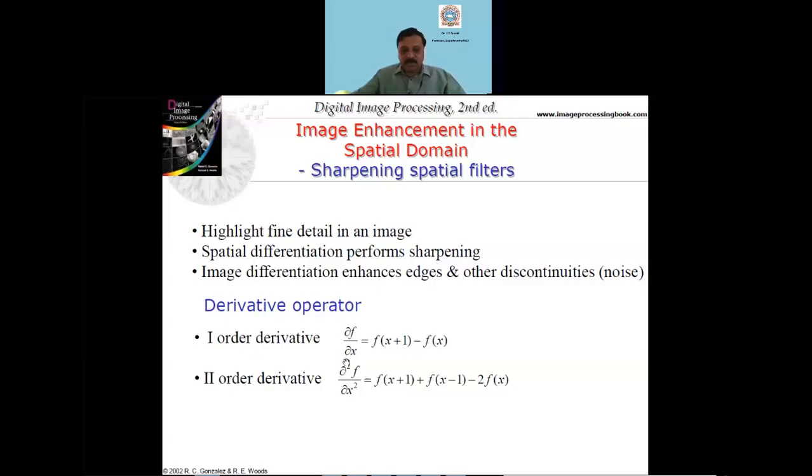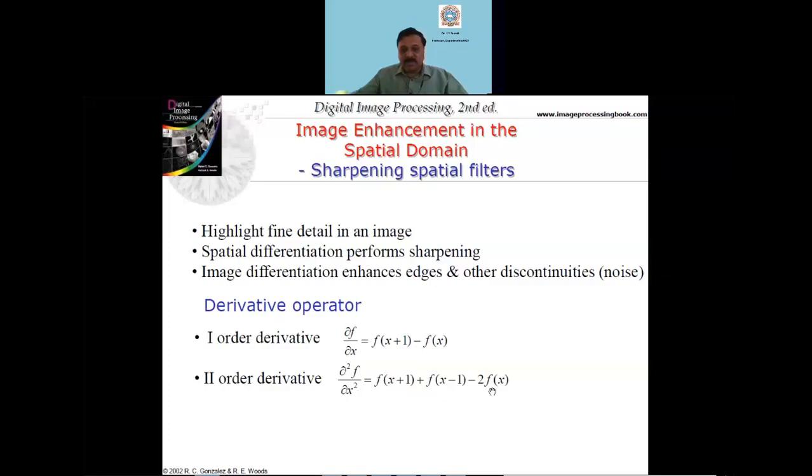But usually they use the second derivative. So second derivative means, carefully observe, I'll take f of x plus 1, add it to f of x minus 1, that is the two neighbors, and subtract 2 times f of x. So what you are actually trying to do is subtract f of x from f of x plus 1 once, and f of x from f of x minus 1 once.